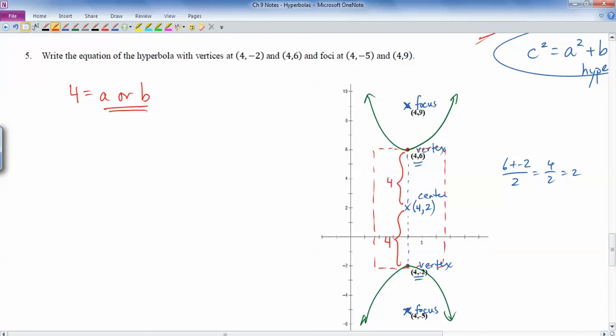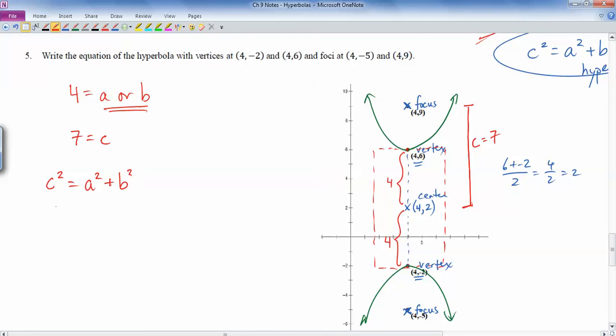We do know also that the distance from the focus to the center is C, and that one we can figure out. It goes from 2 to 9, so C is 7. And the relationship between C, A, and B is C squared equals A squared plus B squared.